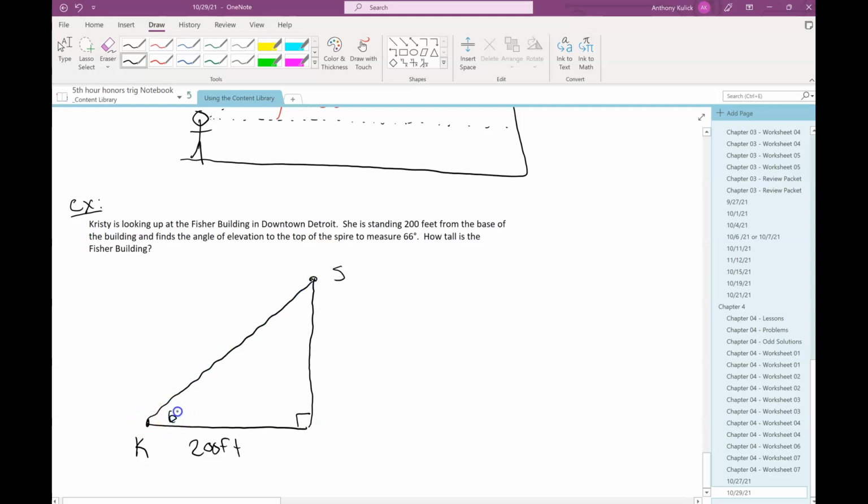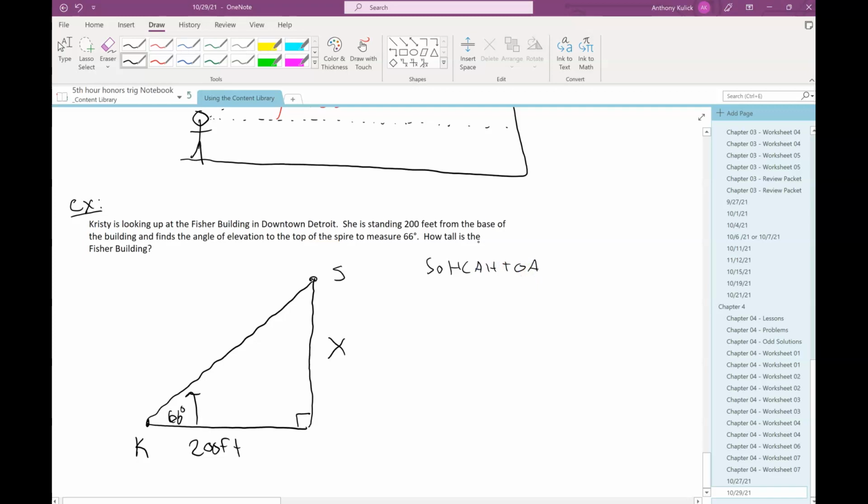So this right here is our angle of elevation, because we're looking up to the building, right? Everybody cool? And we're looking for how tall the building is. How would I solve for x here? We know two angles.